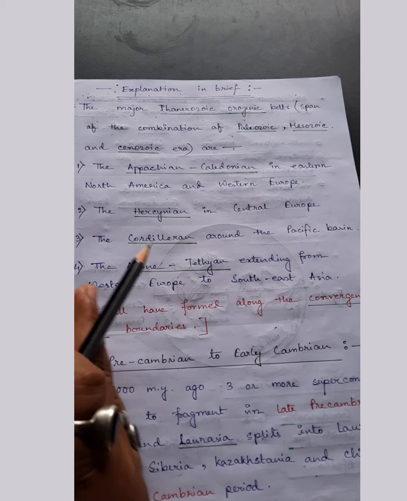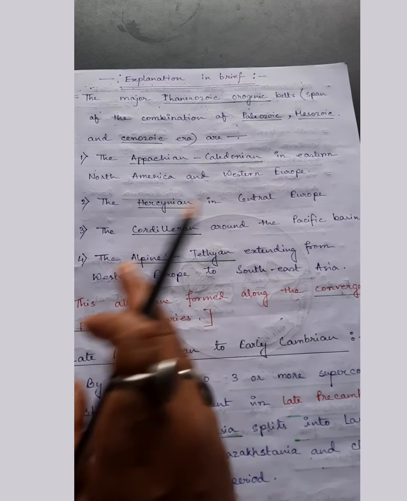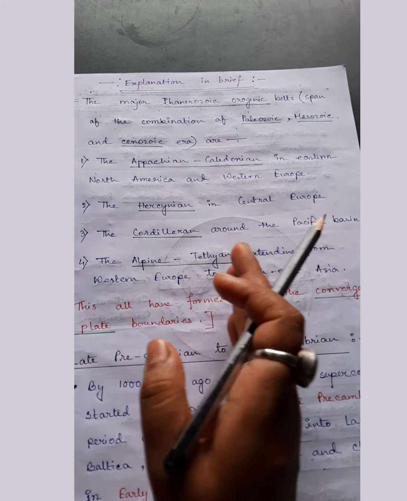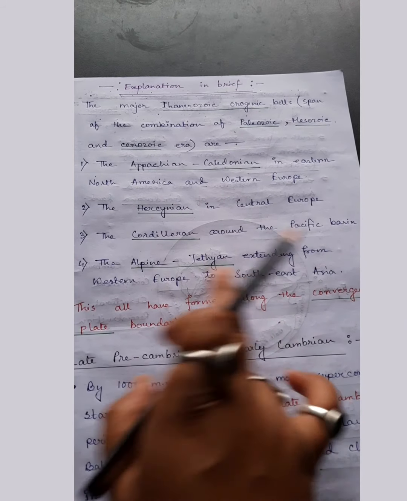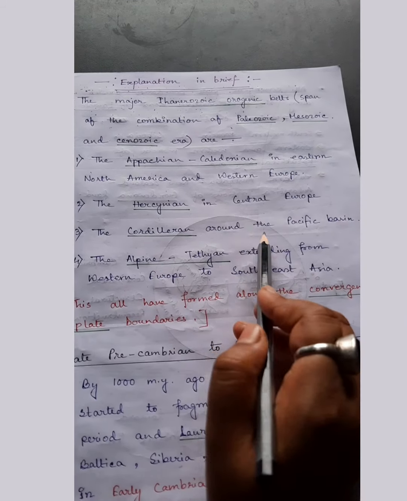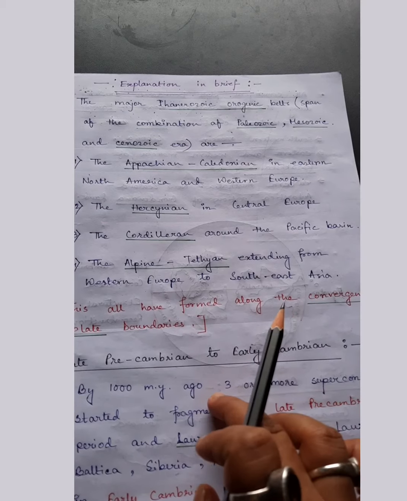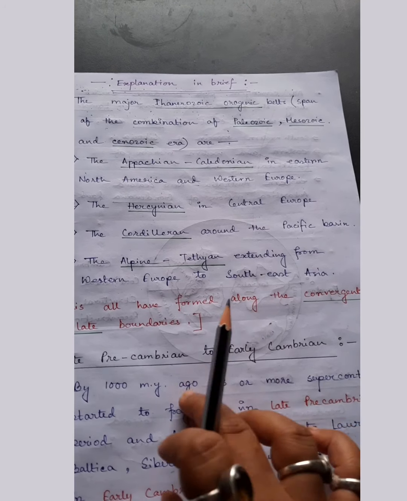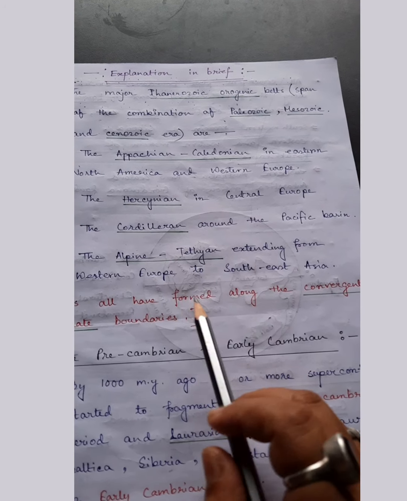In the extreme west, there is North America, covering the Atlantic Ocean, to western Europe. Total, we can see the Appalachian Caledonian orogenic belt. After that we come to Central Europe, the main European part, which is under the Hercynian orogenic belt. Then comes the Pacific Ocean. We can see this is under the Cordilleran orogenic belt.